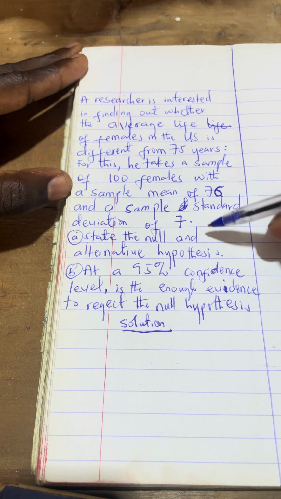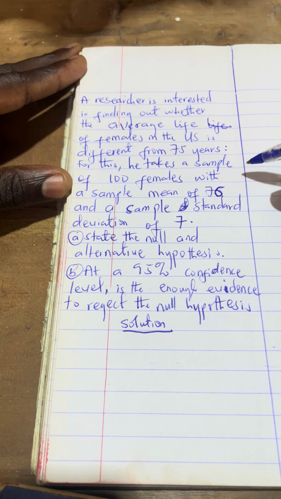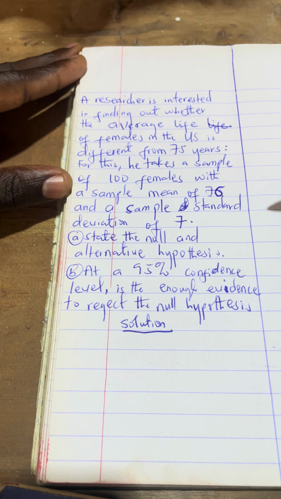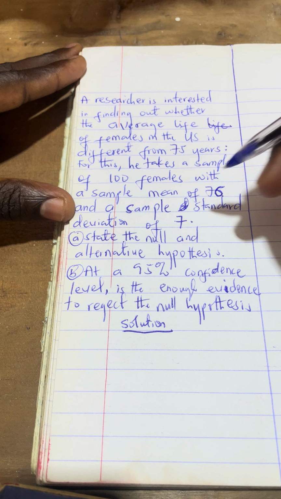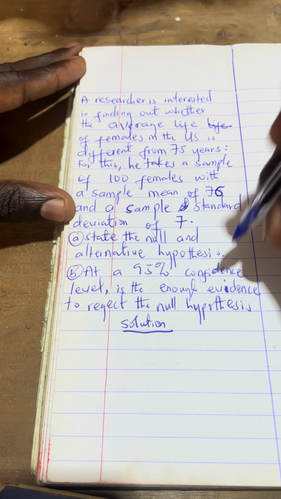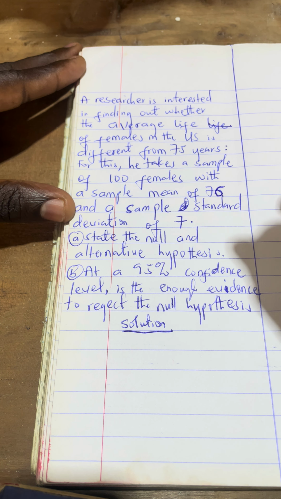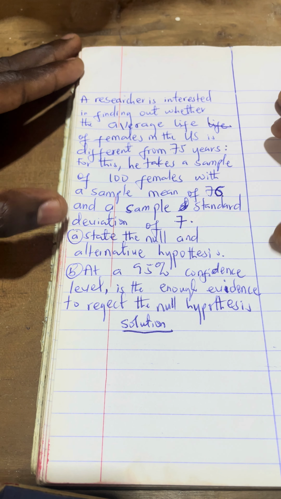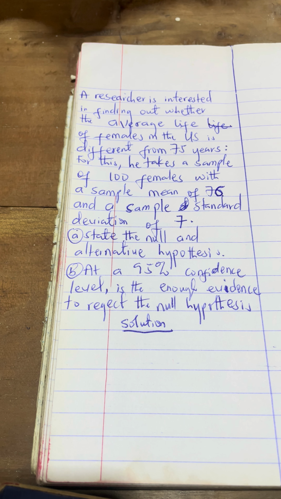So the first one says state the null hypothesis and alternative hypothesis. And the B says at 95% confidence level, is there enough evidence to reject the null hypothesis? Good. So this is a nice question, mostly seen in hypothesis testing, and these are questions mostly seen under biostatistics.